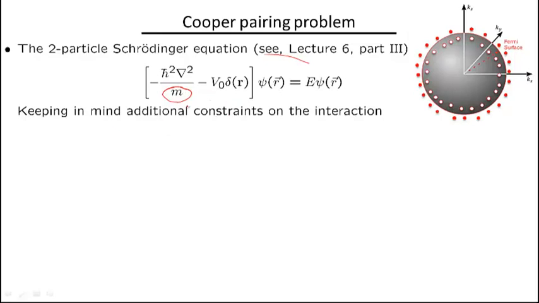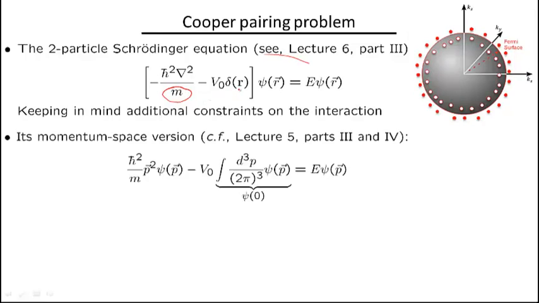So if we follow the same route that we did in lecture number 5 and do a Fourier transform, we can write this equation in this form.